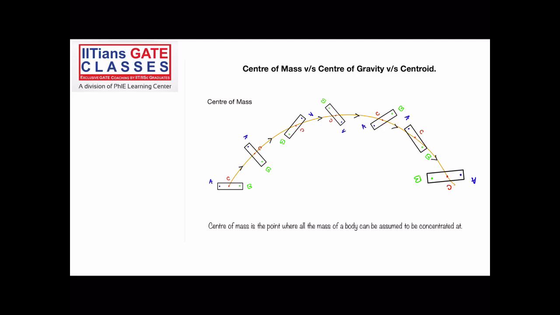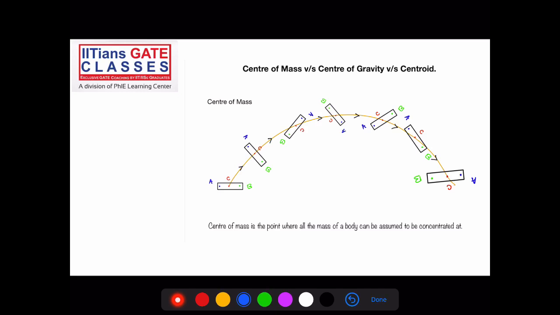So we can say that the gravity force can be assumed to be acting at the center of mass, right? Since the gravity force is acting at the center of mass, point C is actually behaving as a projectile and it is following a parabolic path.